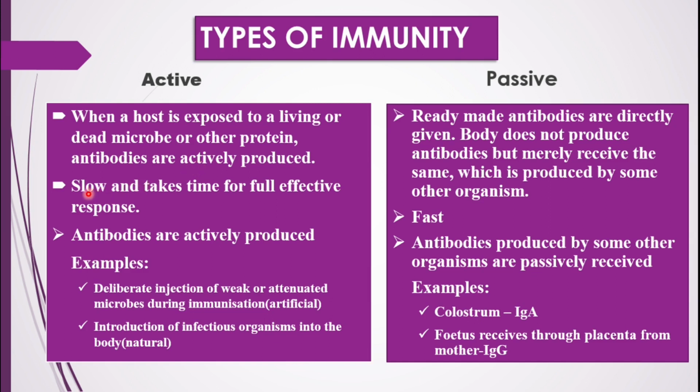Now this is actually a very slow process and it takes time for becoming fully effective. So the antibodies are produced by our own body, but it is a very slow process. And some of the examples are, if our body is deliberately injected either with a weak or attenuated microbe during vaccination.